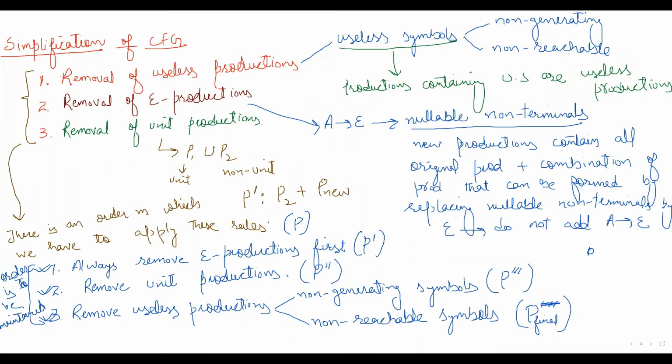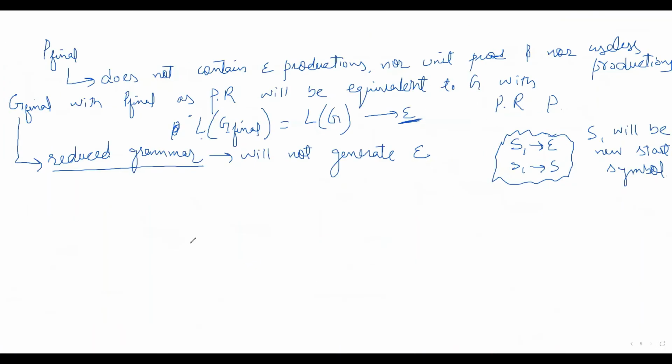So now let me give you some homework for using these rules so that you can simplify a grammar. Let me write a grammar here and you should simplify it. You have a grammar with these production rules. S gives S1 S2.